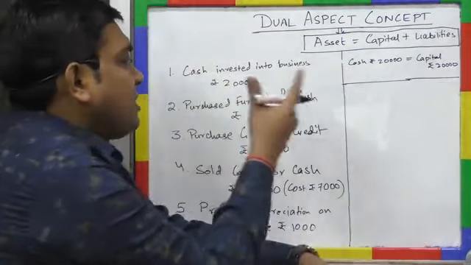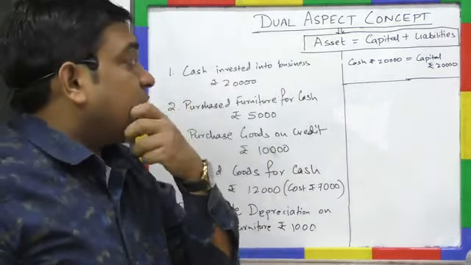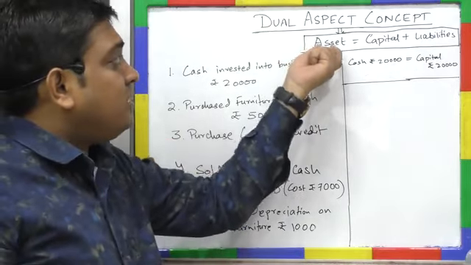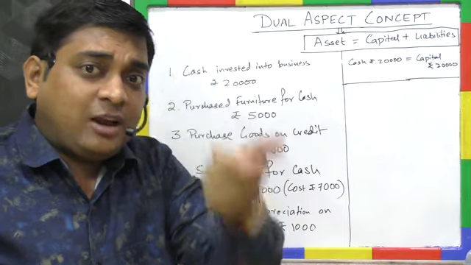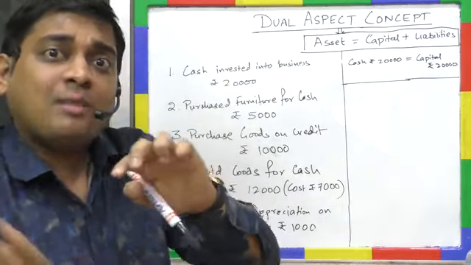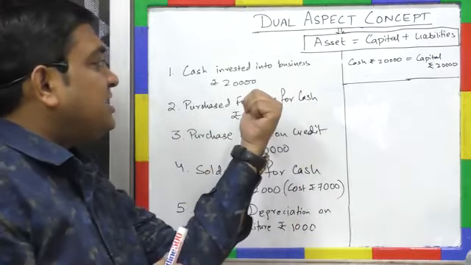Purchase furniture for cash rupees 5,000. Now here what is happening? In all cases it is not necessary that for every transaction there has to be a resource and a source. It can also happen like that: you have one resource and with that resource you are purchasing another resource. So I have used cash to purchase furniture.